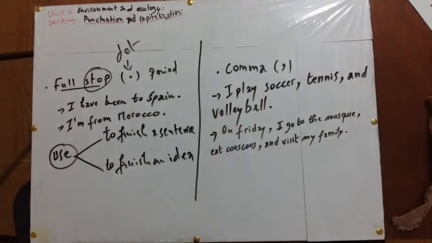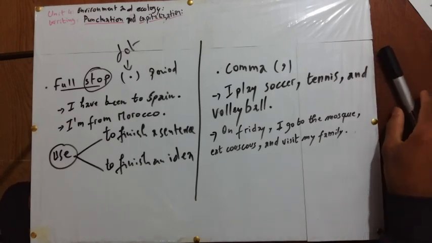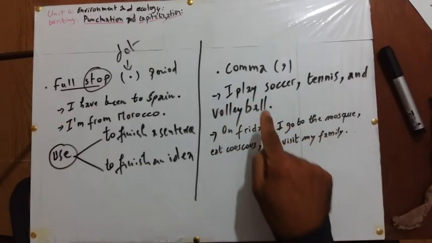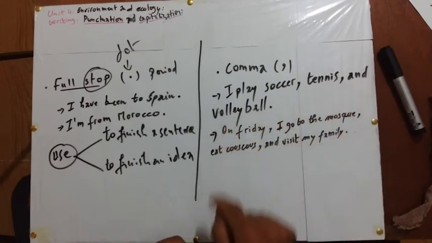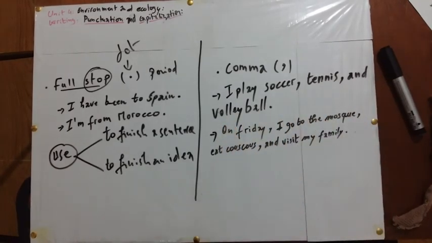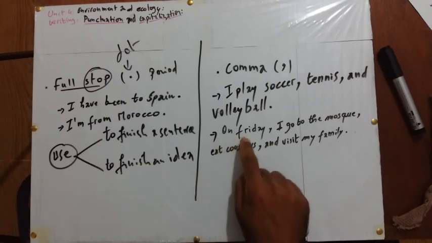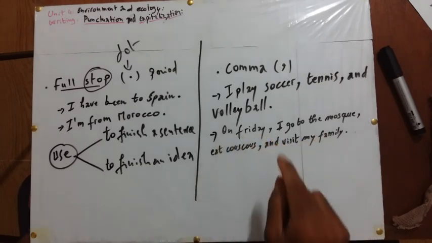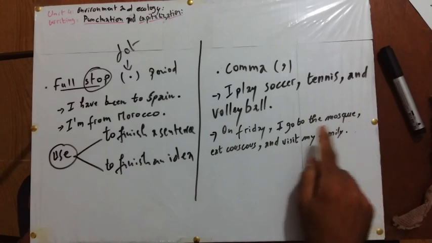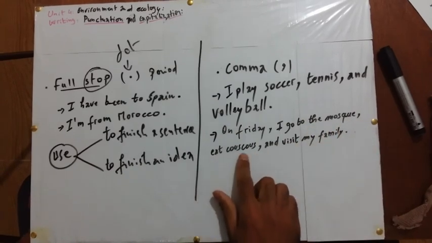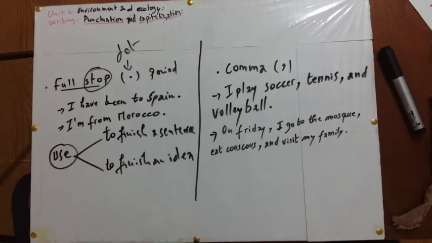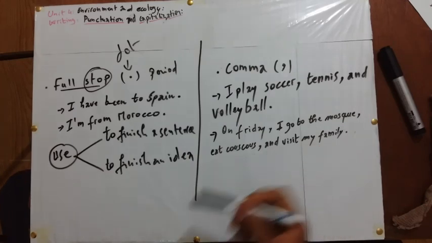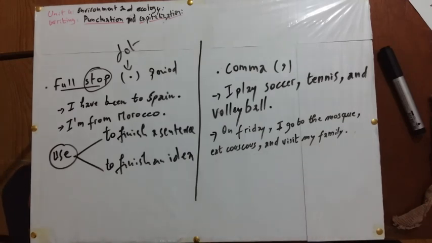Next is the comma. Let's look at these examples. I play soccer, tennis, and volleyball. The next one, on Friday I go to the mosque, eat couscous, and visit my family. Now look at these items here.